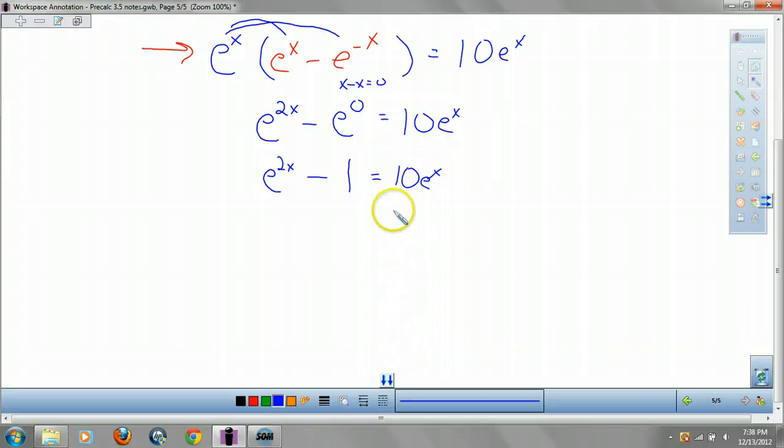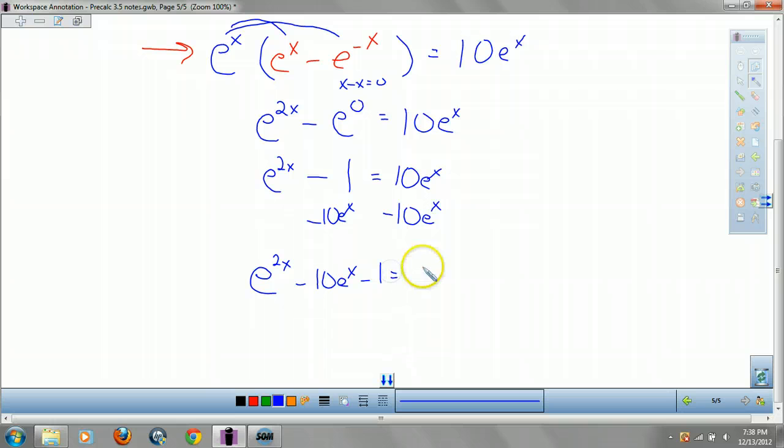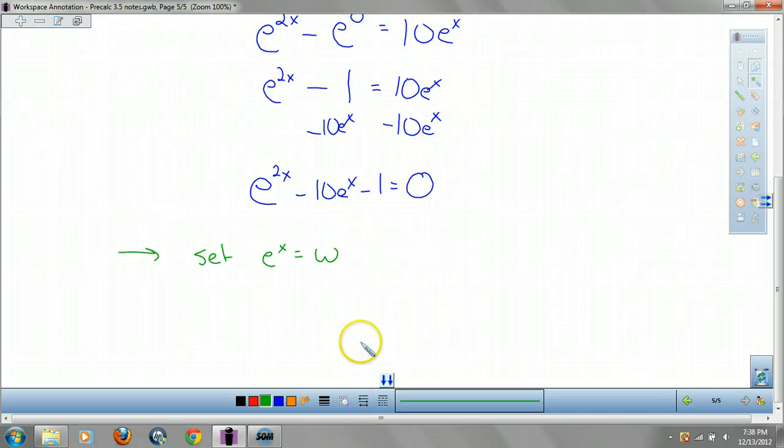Okay. Now I'm going to get this set equal to 0. So I get e to the 2x minus 10 e to the x minus 1 equals 0. Okay, now this is tricky step 2. I'm going to set e to the x equal to some dummy variable, w. So now wherever I see e to the x, I plug in a w.